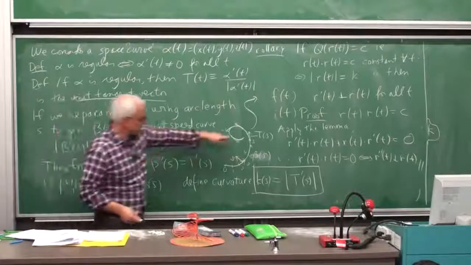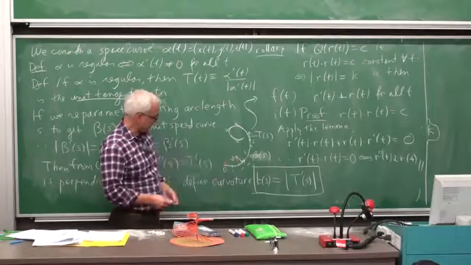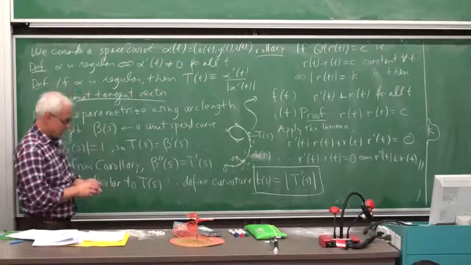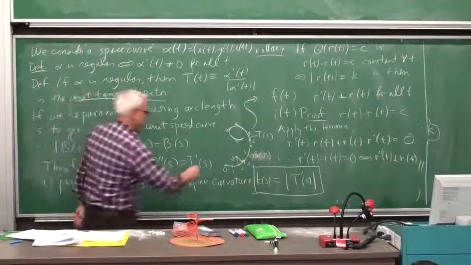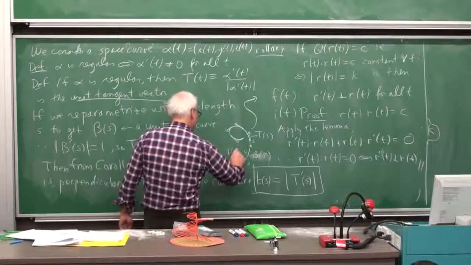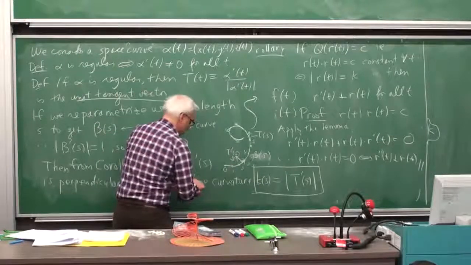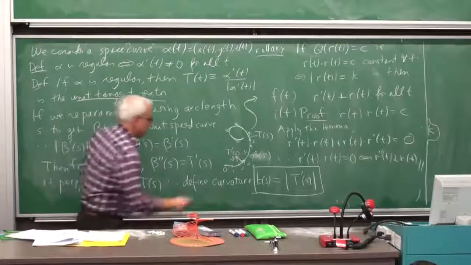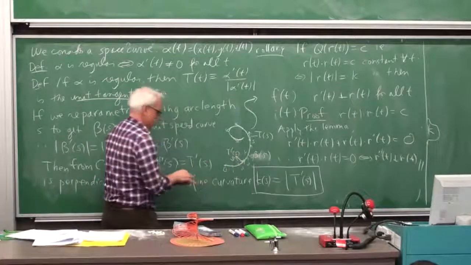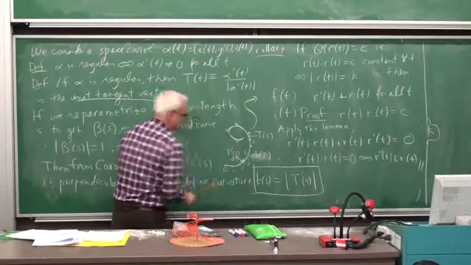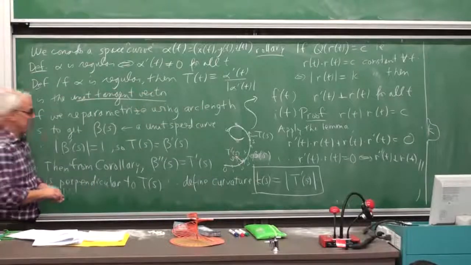So we have T of S are the blue ones, and then we have the derivative T prime of S, which is always going to be perpendicular to the tangent vector, but may have different lengths.